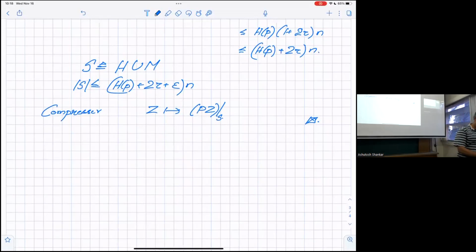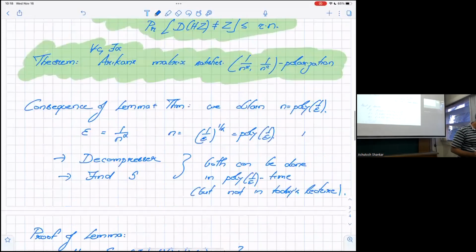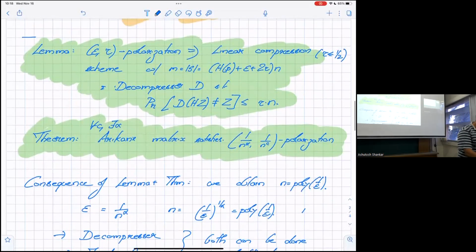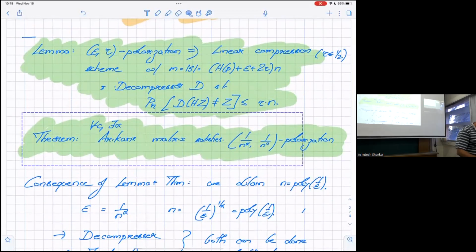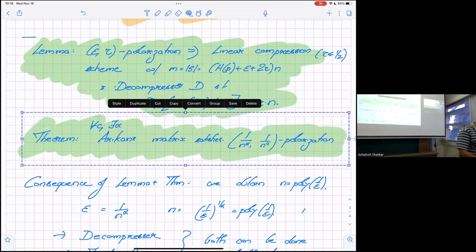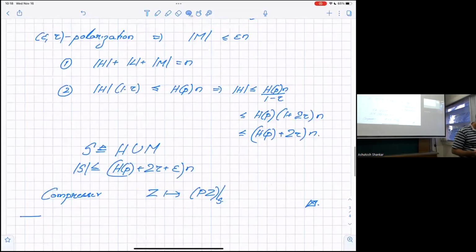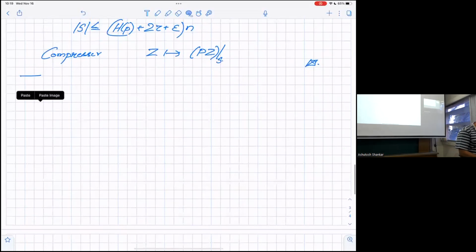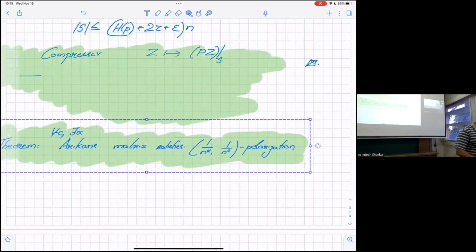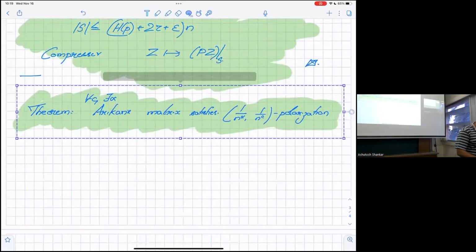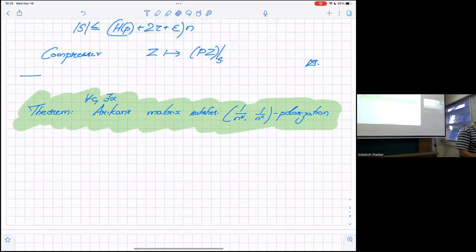Okay, so now our goal will be to prove not the lemma, but the theorem, which is main. That's what we want to prove.